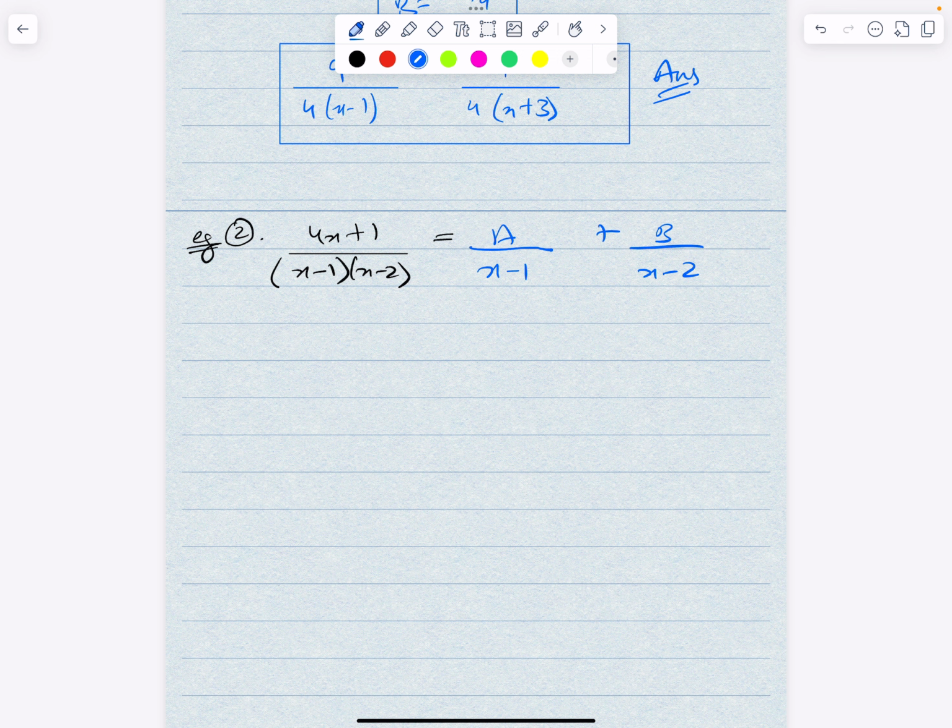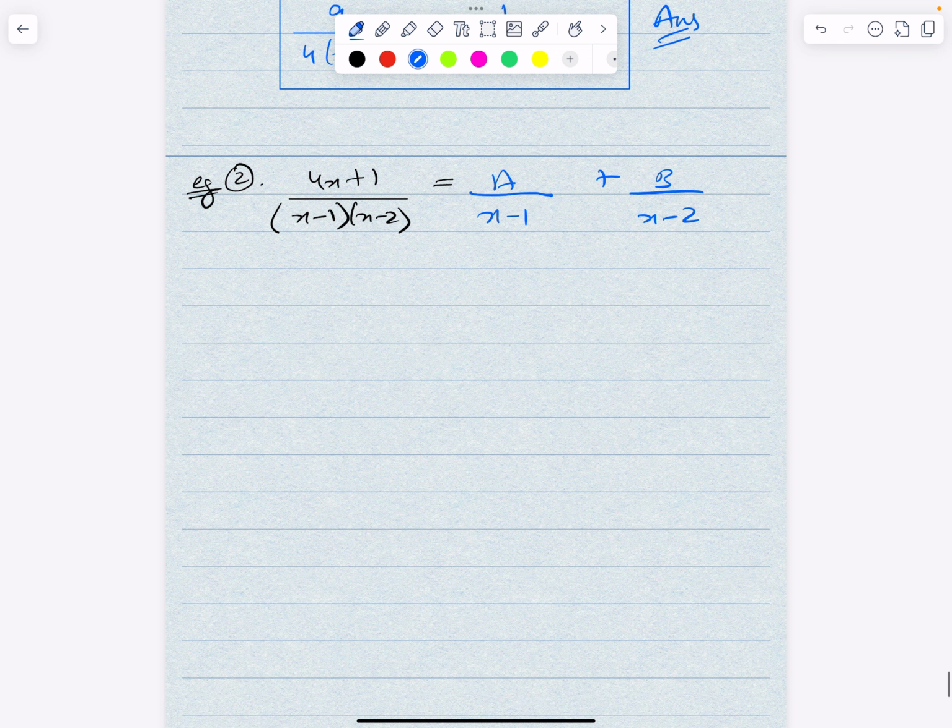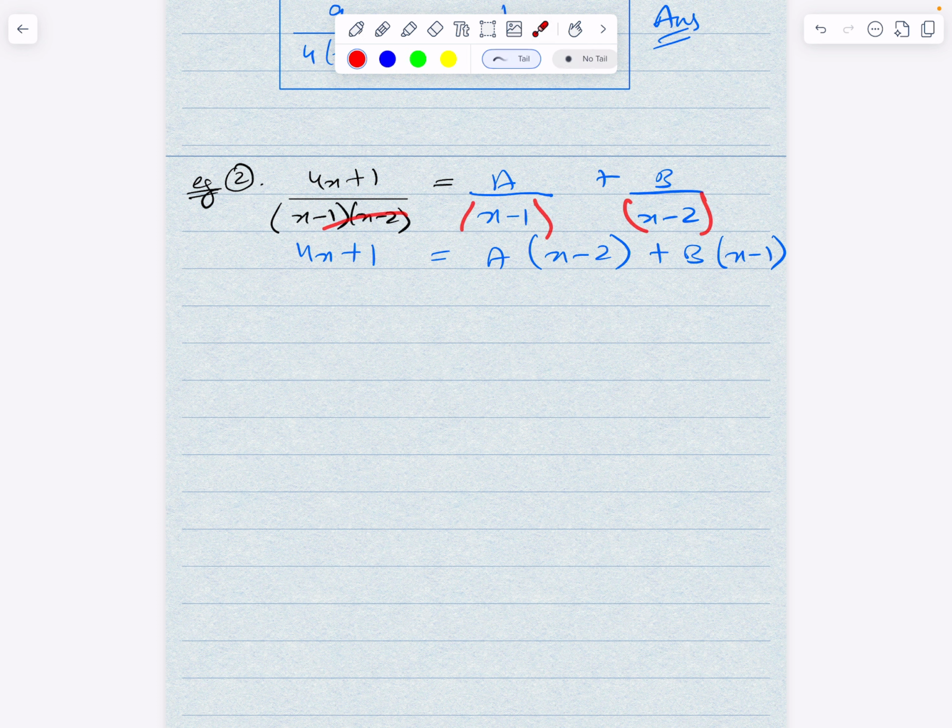If I write this as partial fractions, I know the denominators will eventually cancel off if I cross multiply. So I'll skip that step, and I can write this as A(x - 2) + B(x - 1) equals 4x + 1, because the denominators are to cancel off eventually when I cross multiply.